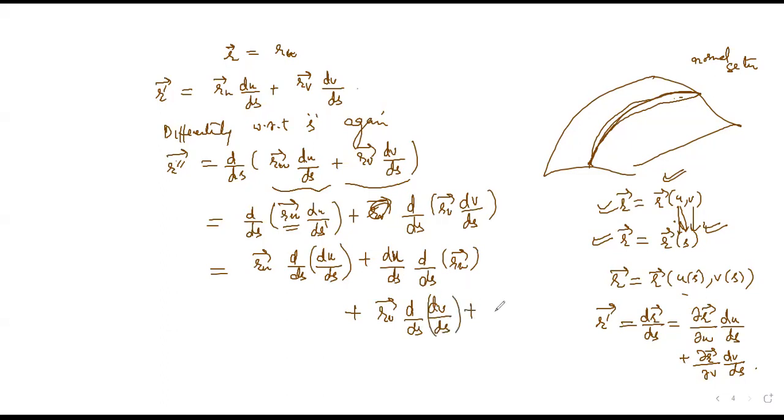Then I would also keep dv by ds as it is, into d by ds of r sub v.